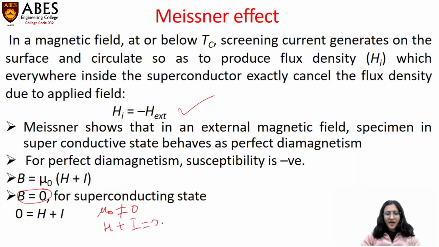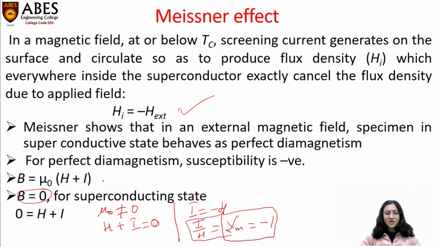Now, when H plus I is 0, what does it mean? I is equal to negative of H, or we can say I by H, which is the magnetic susceptibility, is negative. Whenever this magnetic susceptibility ratio I by H is negative, the material is termed diamagnetic in nature.